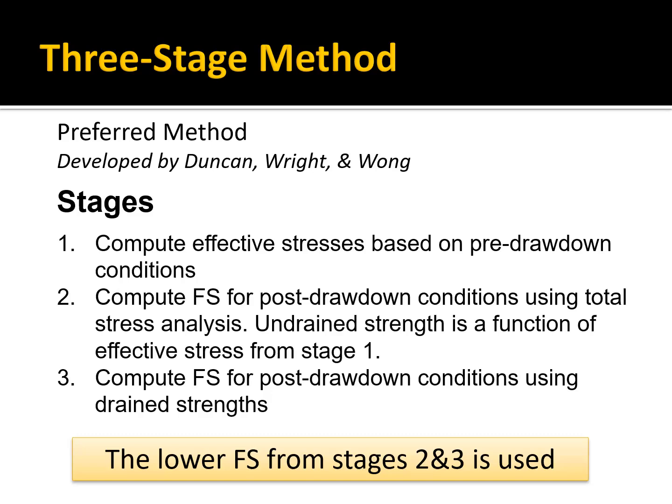In some cases, it doesn't happen too often, that factor of safety from drained strengths ends up being smaller. And so you effectively just use the lower of the two, the factor of safety from stage 2 or stage 3.